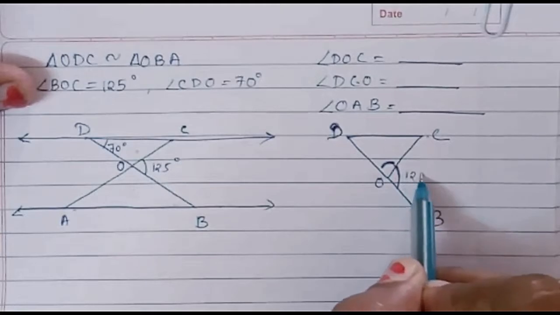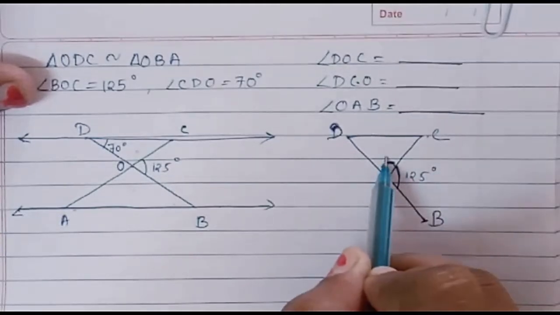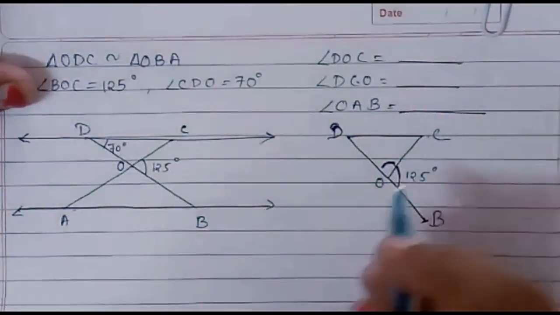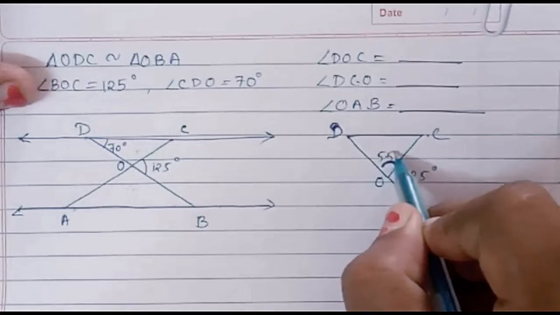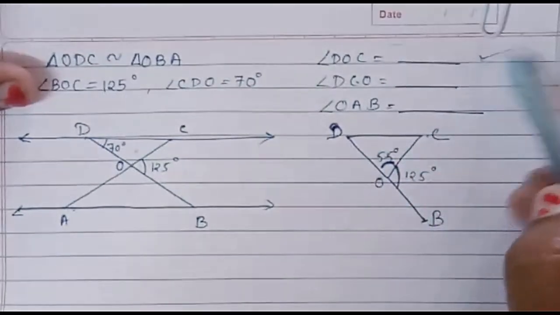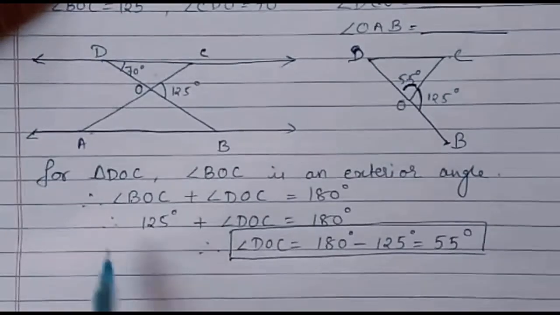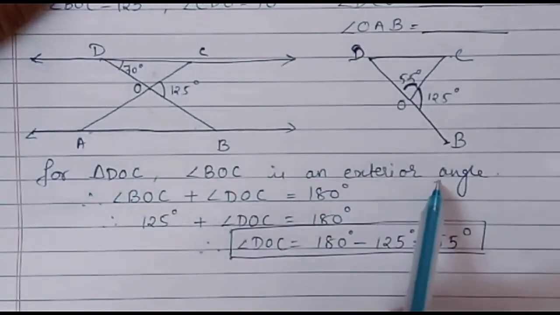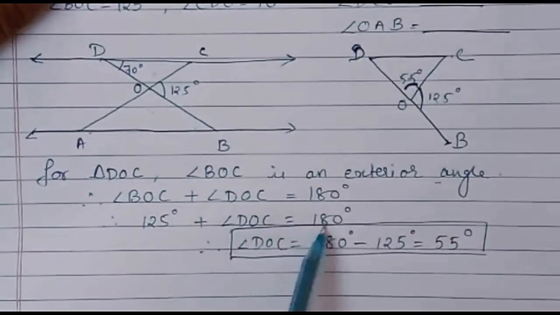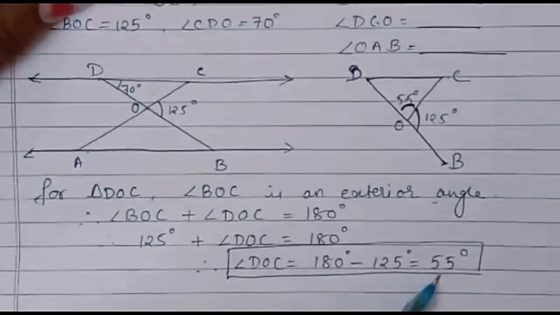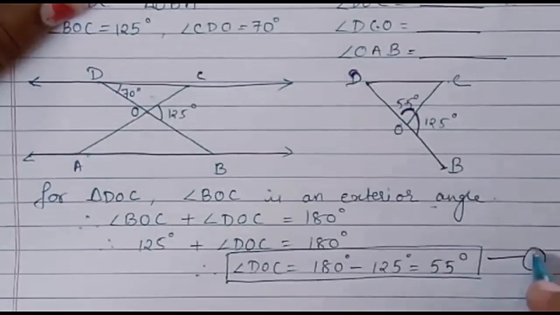So if this is 125 degrees, this will form a linear pair: 180 minus 125 will be 55 degrees. So we got our first answer, angle DOC is 55 degrees by a linear pair. Let me write that much. I have written that for triangle DOC, angle BOC is an exterior angle. Taking the angles to be supplementary, we got the first answer, DOC is 55.